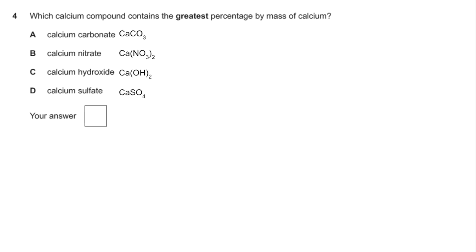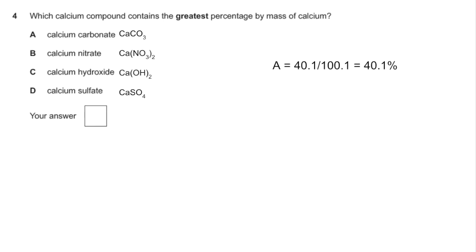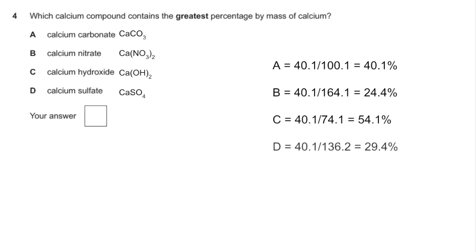And the percentage by mass is going to be the Mr of calcium in the compound divided by the total Mr of the compound. So we get 40.1% for A, 24.4% for B, 54.1% for C, and 29.4% for D. So the greatest is C, so the answer is C.